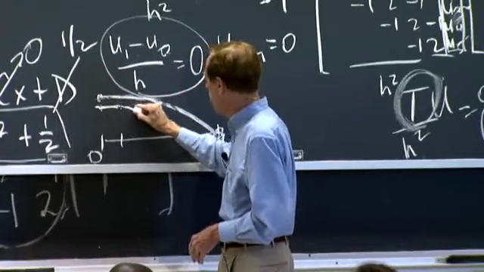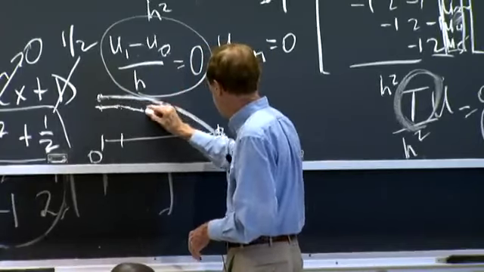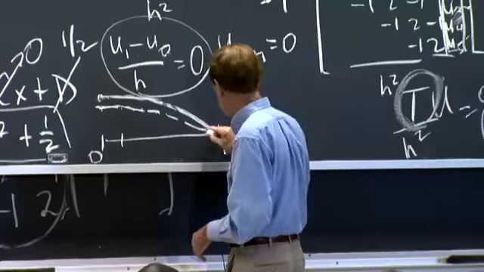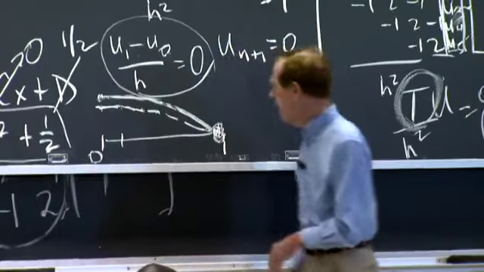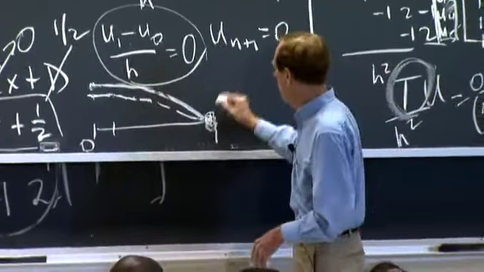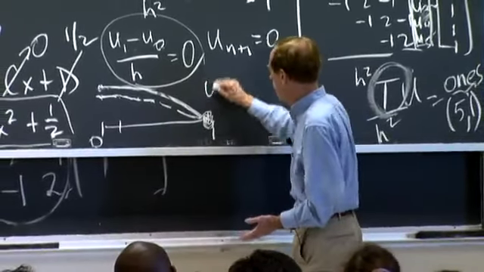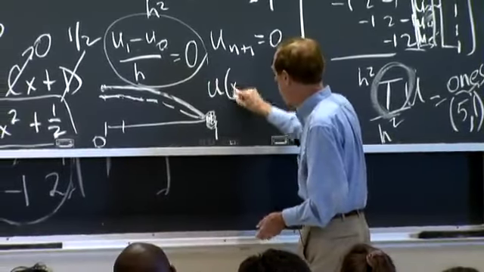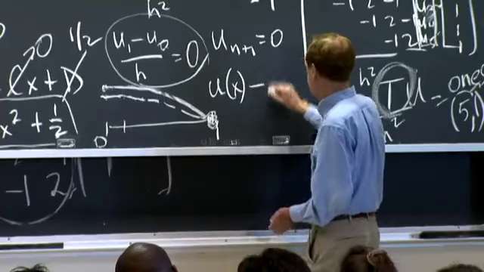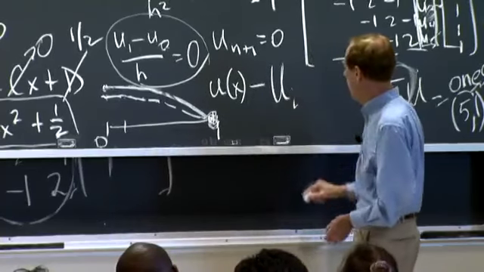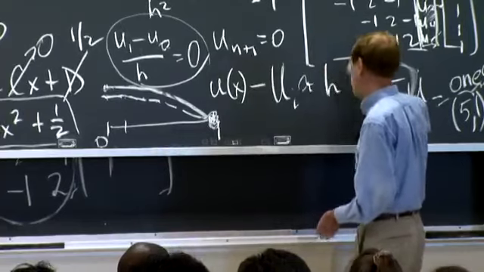And then it starts down. It gets closer, closer, closer, and of course it's right at the end. But there's an error. The difference between the true u and the computed u is of order h.